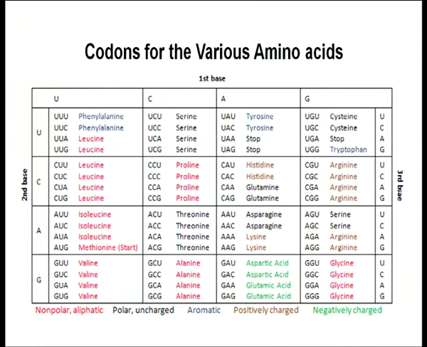But if this genetic code is a triplet, then a total of 64 such permutation combinations are possible, as we can see in the slide. This U stands for uracil, C for cytosine, A for adenine, and G for guanine. And there are 64 such permutation combinations of bases available if genetic code is a triplet.